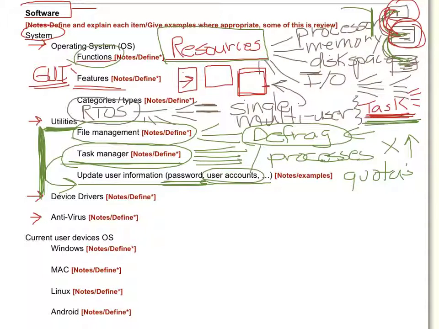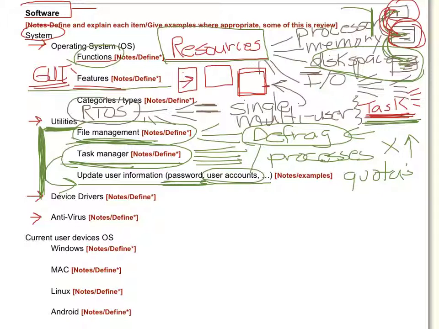Some of its functions is to manage disk space. I talked about that up here, and you can do a little work to manipulate that using task manager, file management, and so forth. So it's becoming a little more of an expert in understanding how it works, or understanding the difference in features of why you would use one operating system over another.